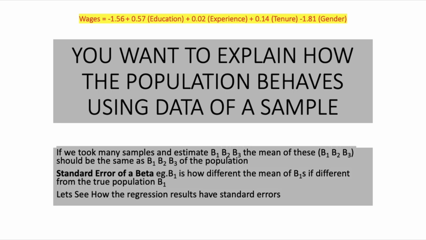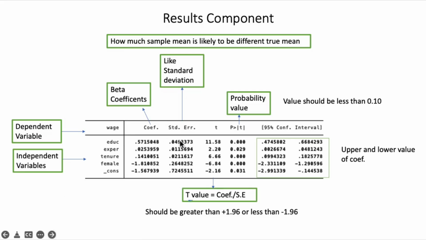It tells us something, right? To do that, we calculate something called the standard error of the beta. The standard error of the beta is basically how different your beta is from the true population beta. There's some maths involved to calculate this, and your regression results report this standard error.